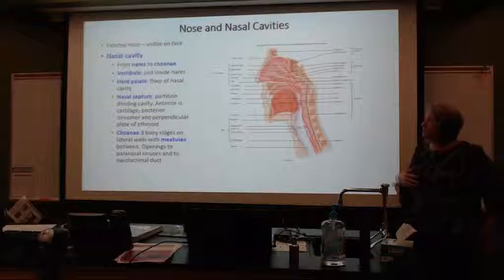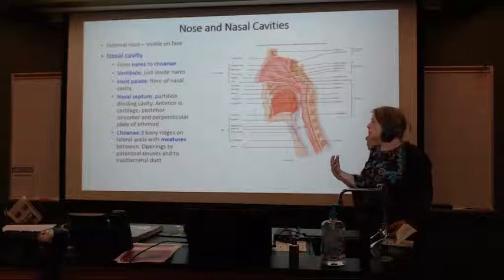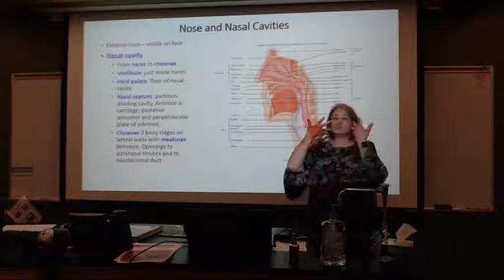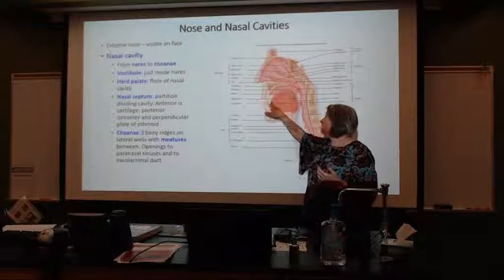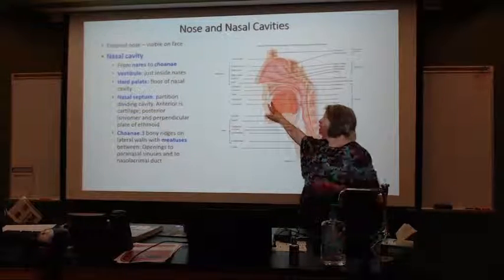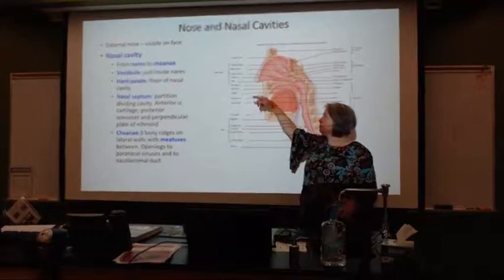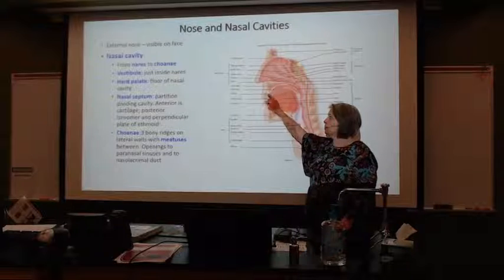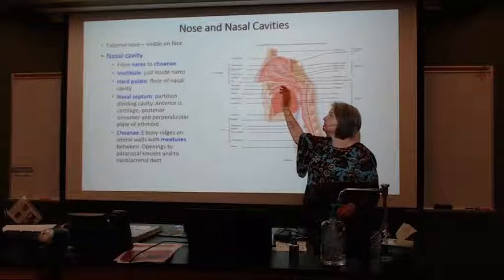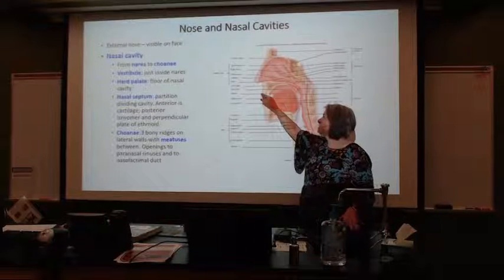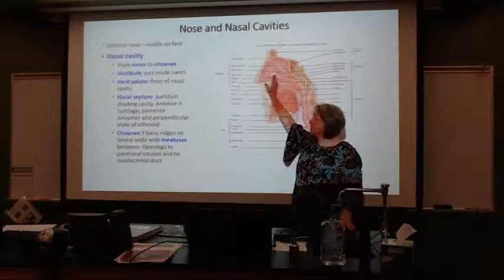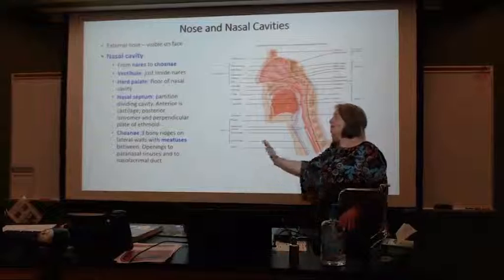Beginning with the nose and mouth, mouth breathers versus nose breathers. The external nose is all visible, and the respiratory system begins at the nares and goes down, okay?